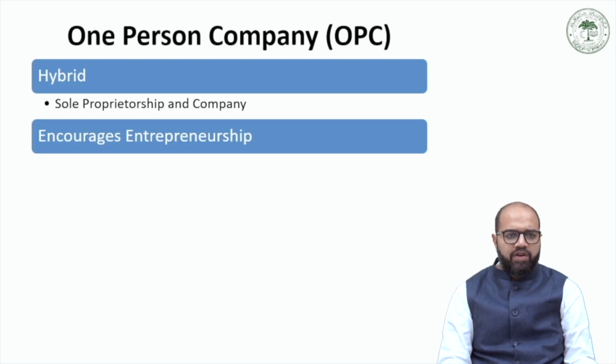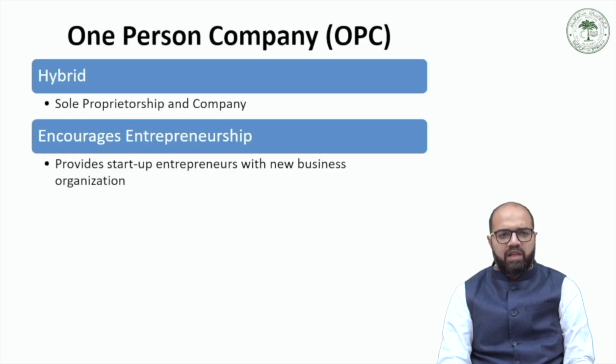Now, the introduction of an OPC in the legal system is a move that encourages corporatization of micro businesses and entrepreneurial ventures. It provides startup entrepreneurs with a new form of business organization over which they have full control.